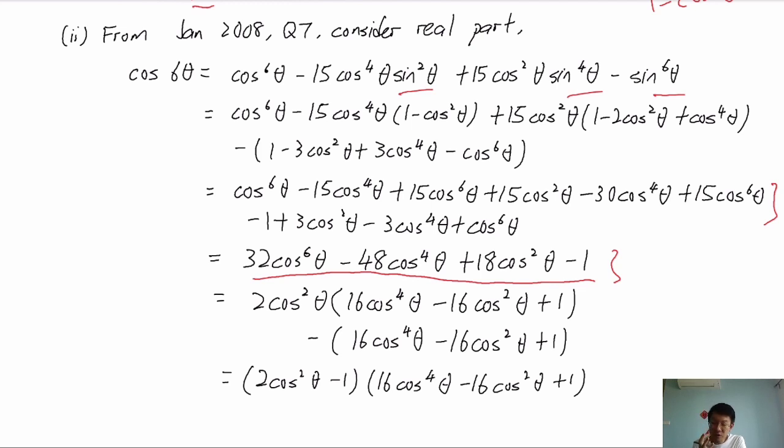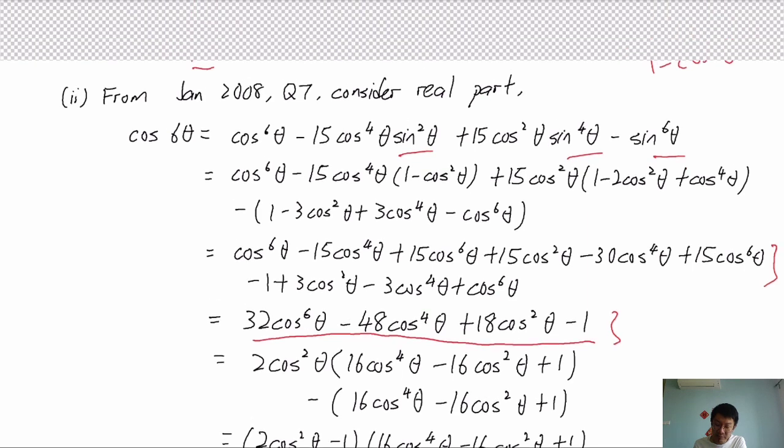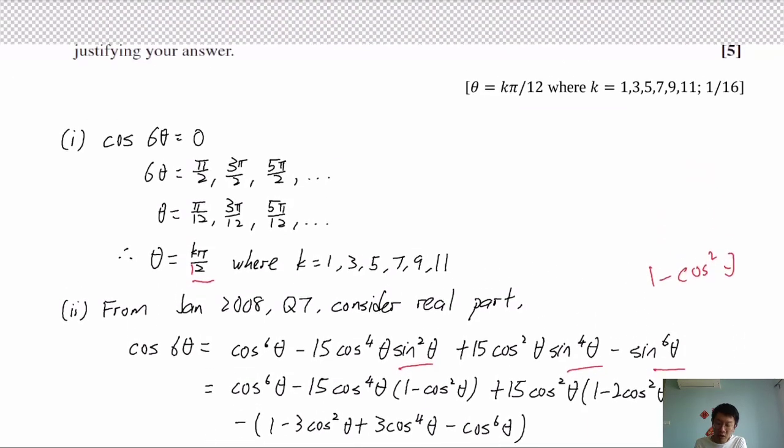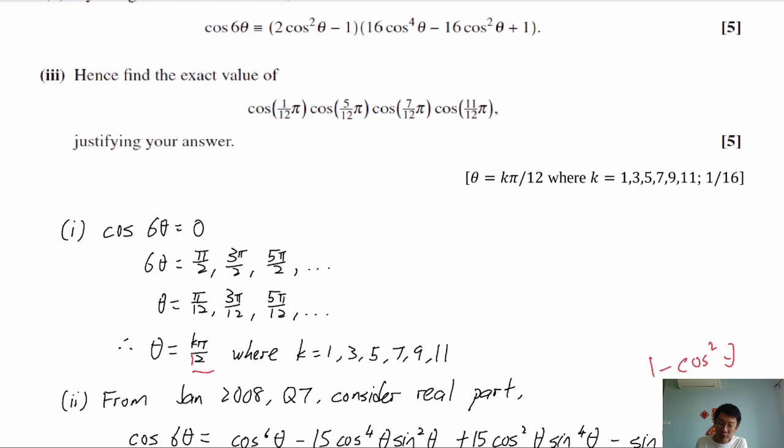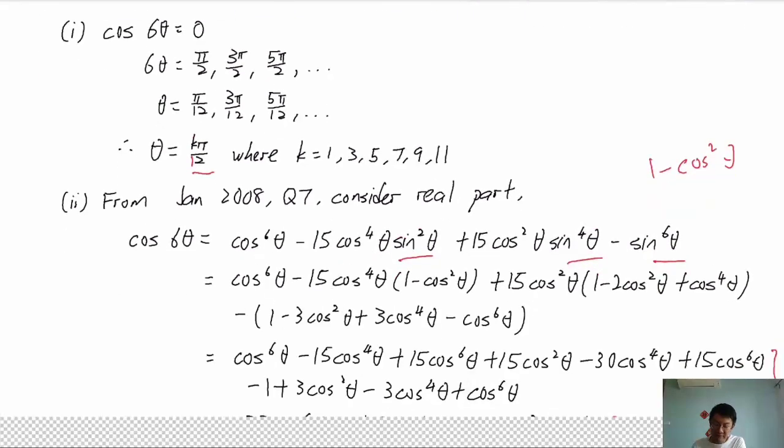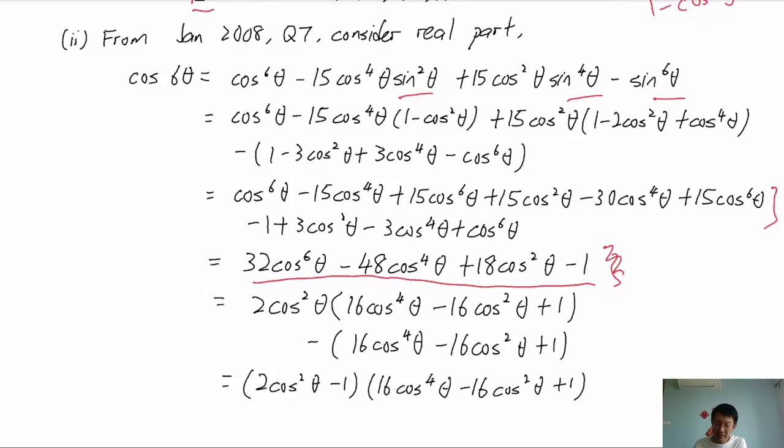But for this one, because we want to factorize this into something which is not so obvious to look at, we have 2 cos square minus 1. We have to factorize that into something that looks like that. So just try to write our expressions here into something that has 16 cos power 4, 16 cos square, and 1, by splitting the coefficients.